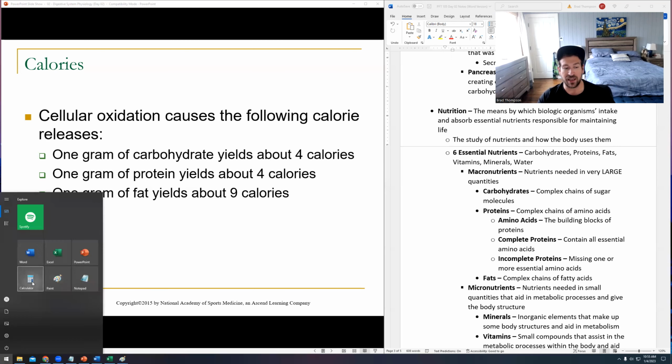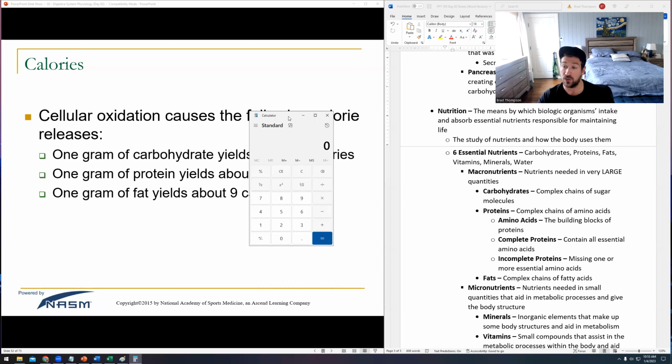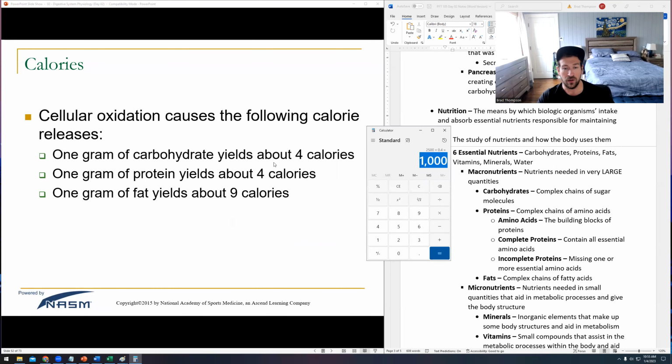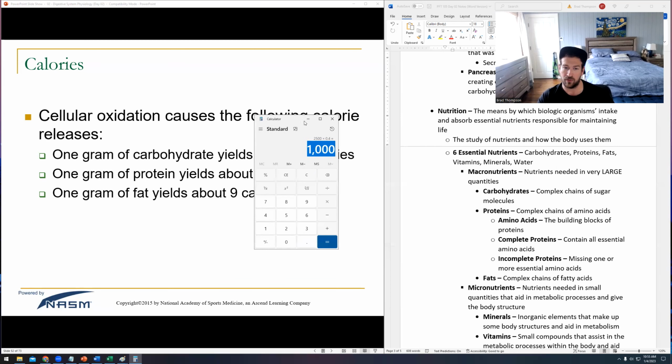If I had a client who wanted to be on a 2,500 calorie diet, right, and I wanted them to consume, let's say, 40% carbohydrates, I would take 2,500 calories and multiply it by 0.4. So there we go. That's 1,000 calories worth of carbohydrates. Now I know there are 4 calories in a gram of carbohydrates.